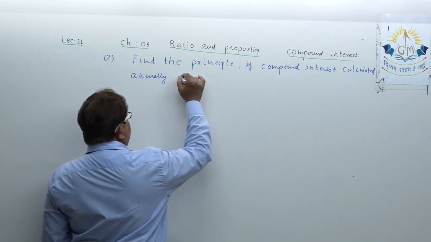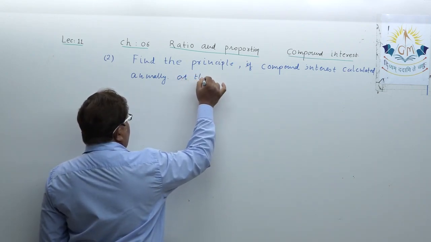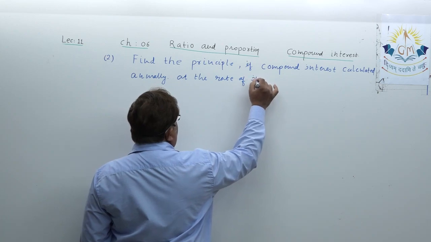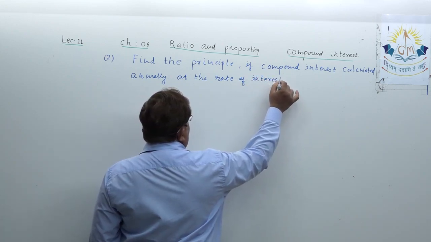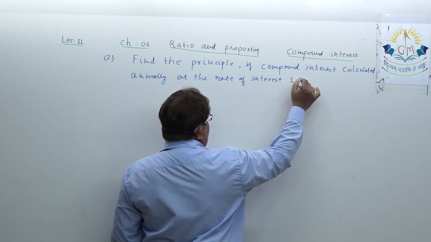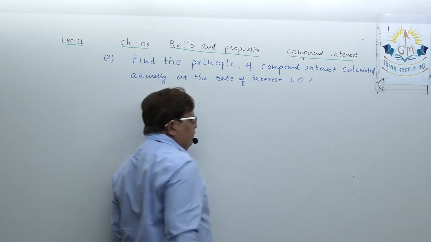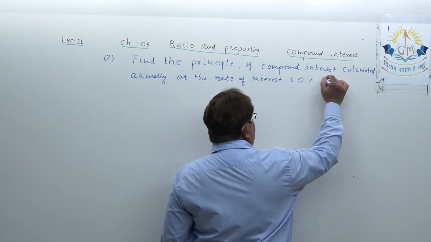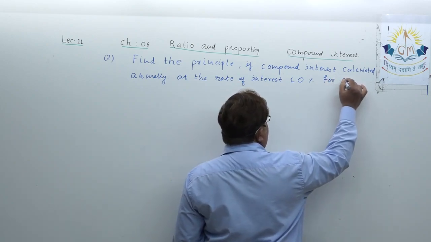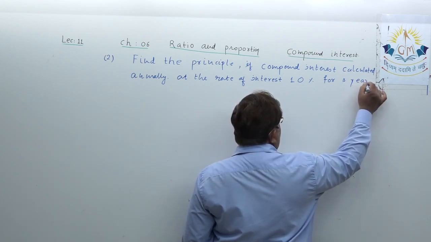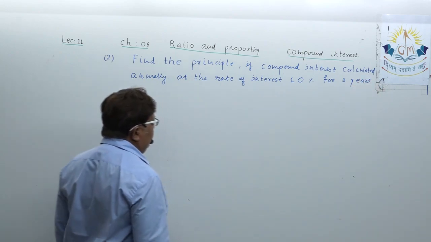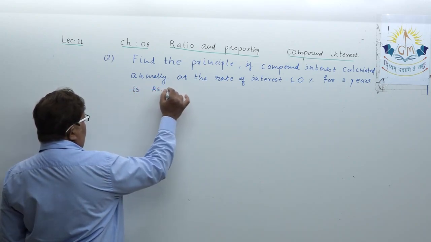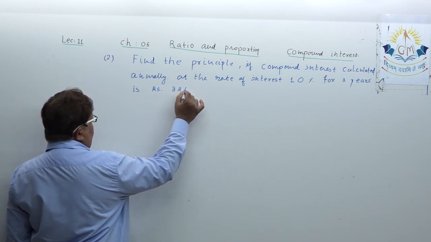at the rate of interest 10% for 3 years is rupees 331.